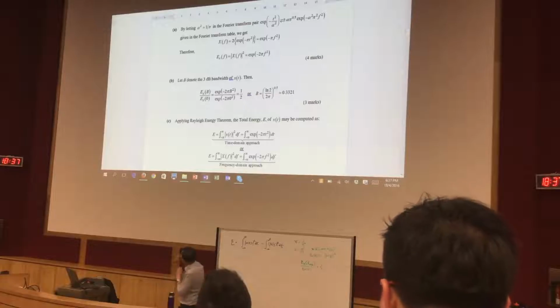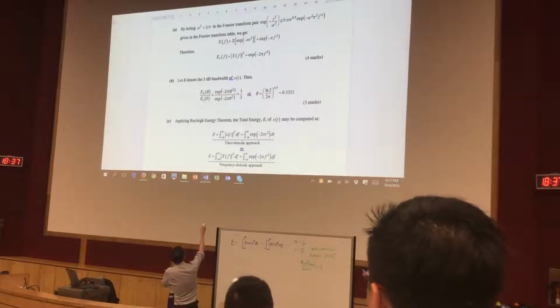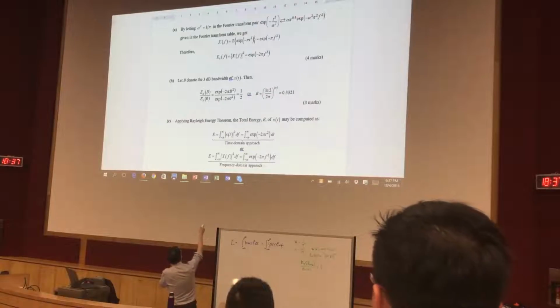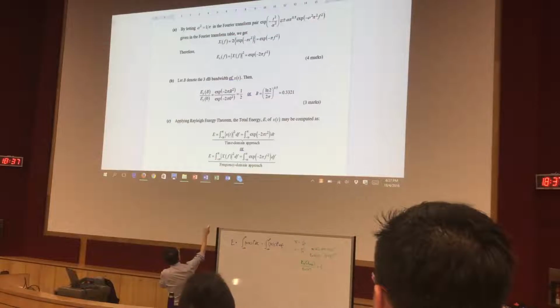So you can see, first part. Alright, that's the Fourier transform pair. And I told you alpha squared is 1 over pi. So you find that in that case this is x(t), therefore X(f) is this. So it's root pi divided by root pi, becomes 1. This becomes 1 over root pi, sorry.